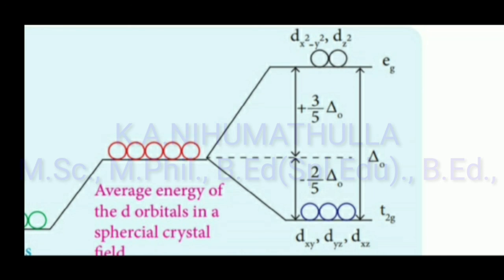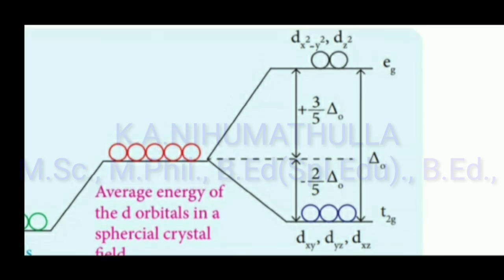The other two d orbitals, dx squared minus y squared and dz squared, are present in Eg, doubly degenerate. The other is triply degenerate T2g. One has lower energy, another one has higher energy.